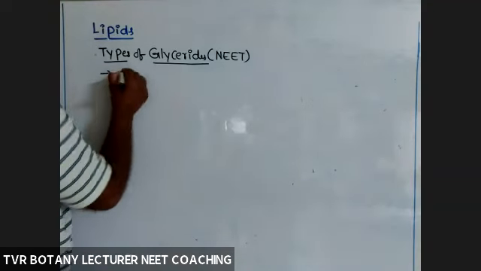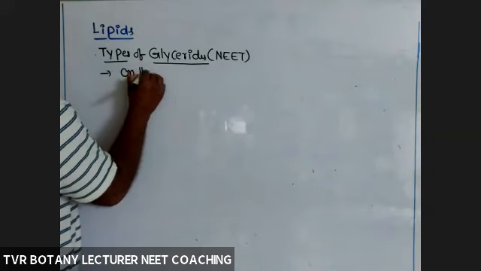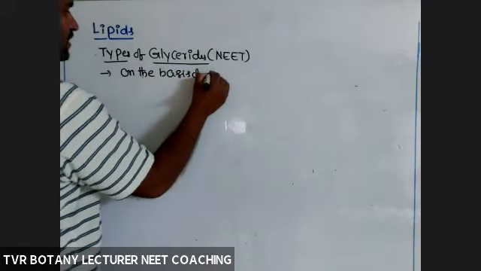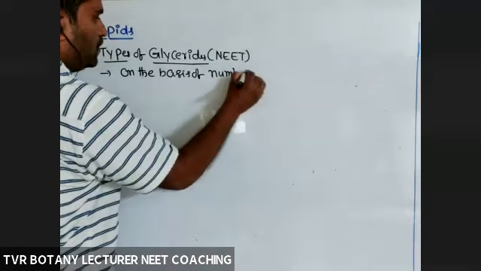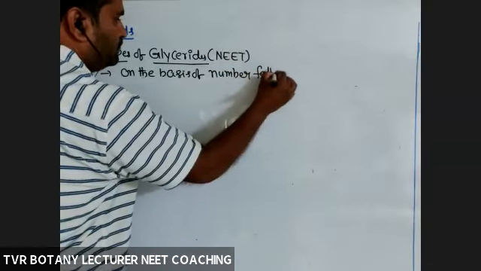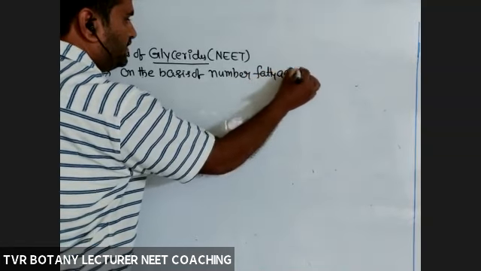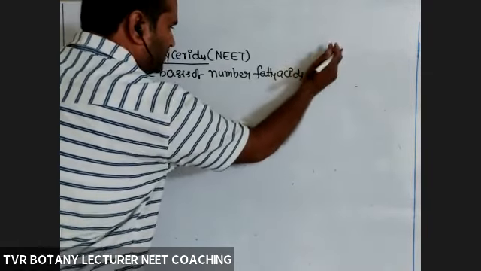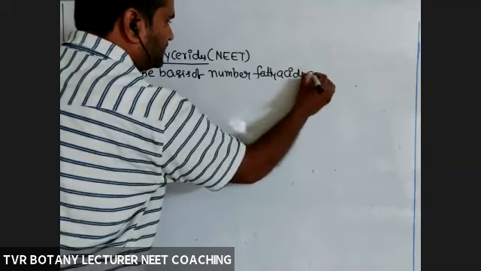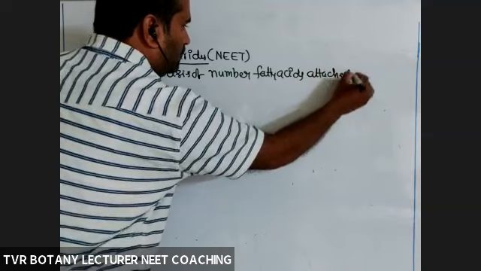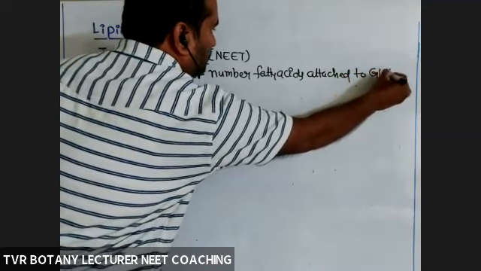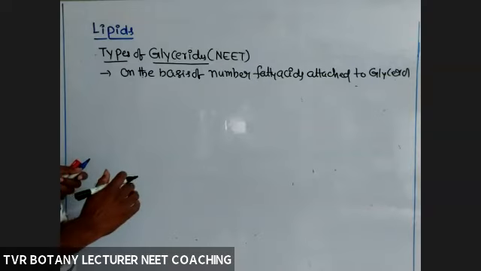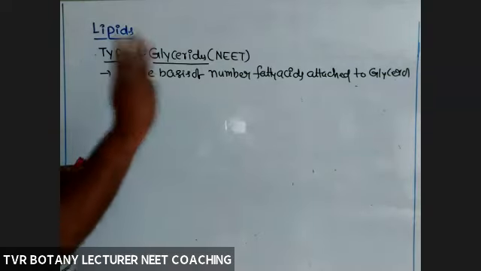So on the basis of the number of fatty acids attached to glycerol, types of glycerides are of three kinds.